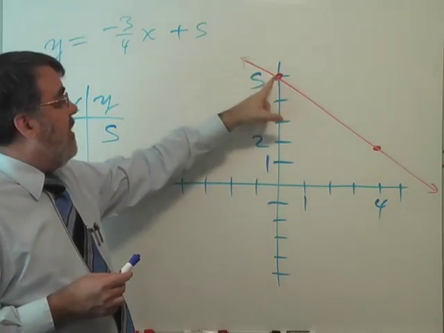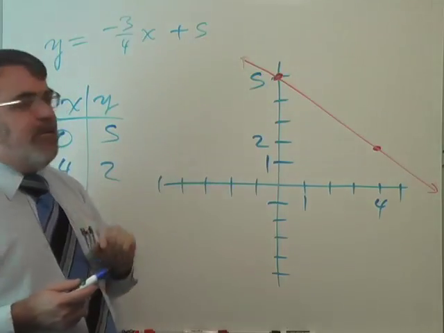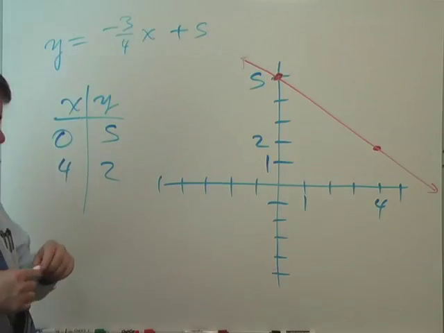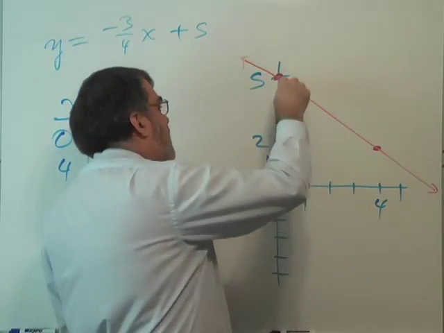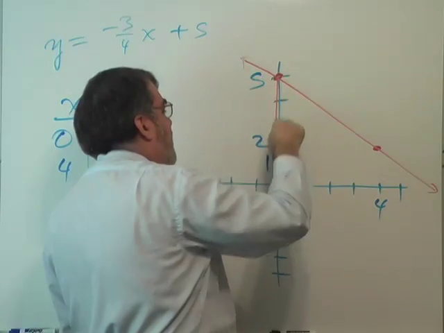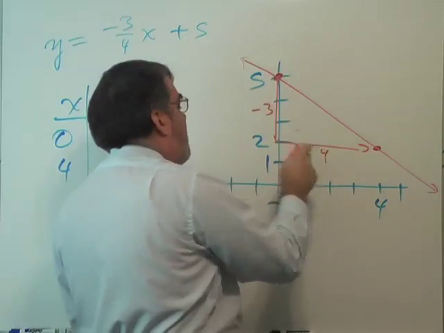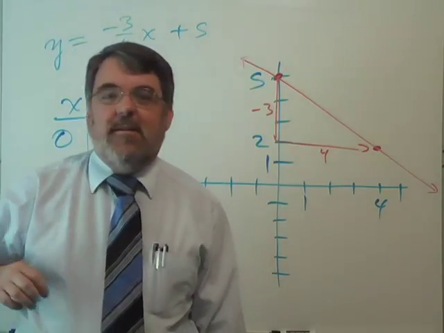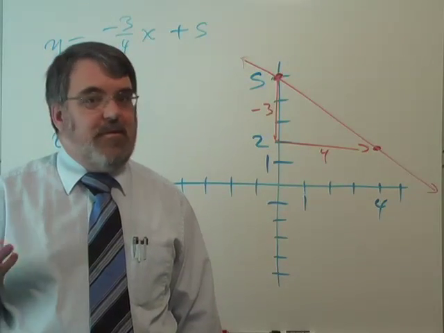And so this 5 and that 5 are not coincidence. The y-intercept is this number. And the other piece of information is called the slope, -3/4. And that describes the relative change from one point to the other. So if I drop down 3, go to the right 4, -3/4 is the slope. So we'll talk about that in a future section, or at least a future topic.